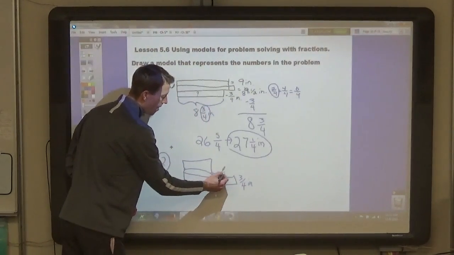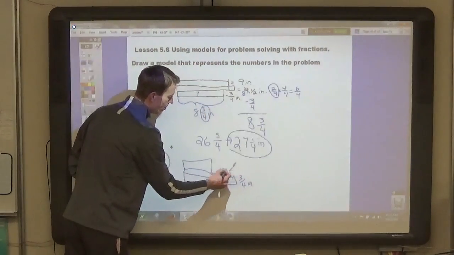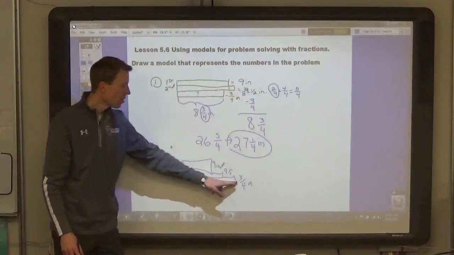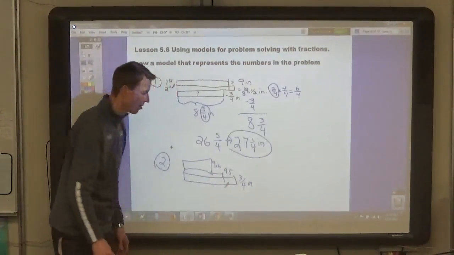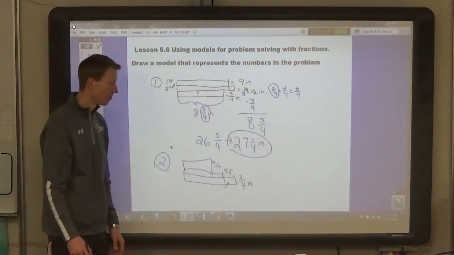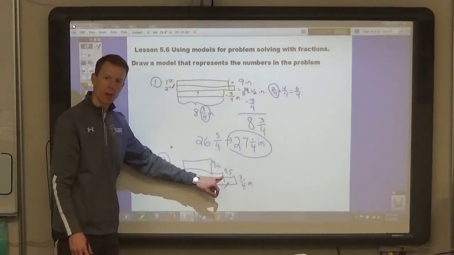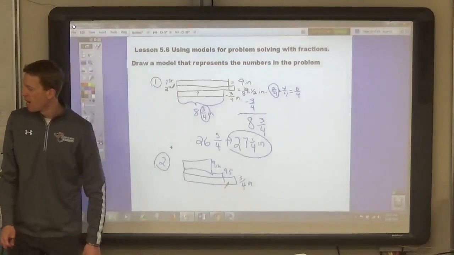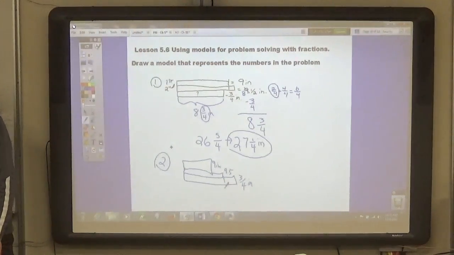This is 9.5. This is 9 inches. And this one's longer by 3/4 of an inch. So 9.5 plus 3/4. And then how much total wicker is it?